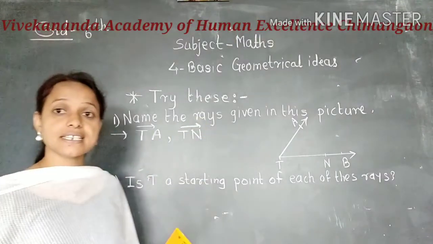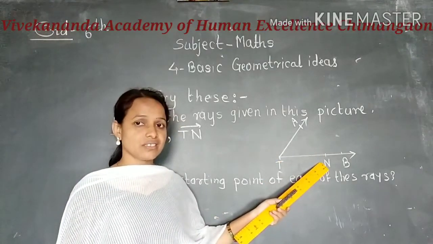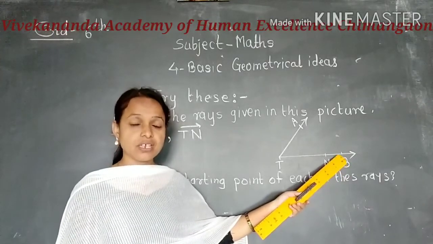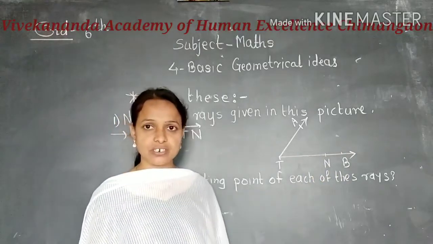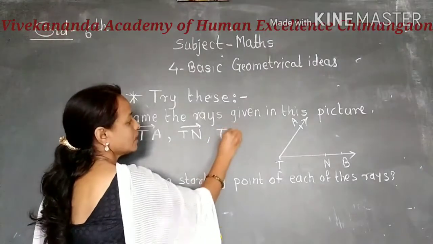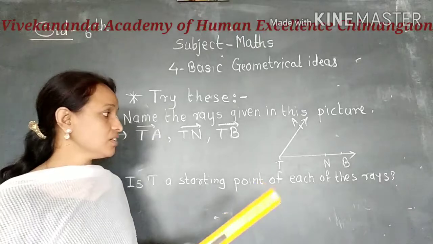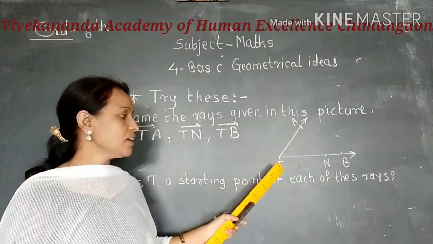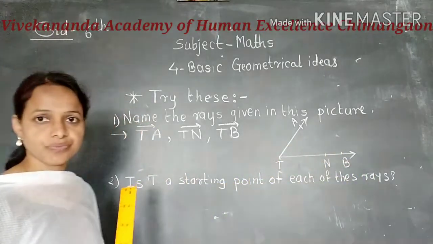Also one more point on the path of the ray, point B, extended endlessly in one direction. So one more ray is found. It is ray TB. So in this figure there are 3 rays: ray TA, ray TN and ray TB.